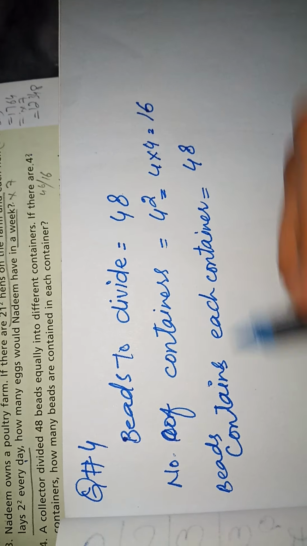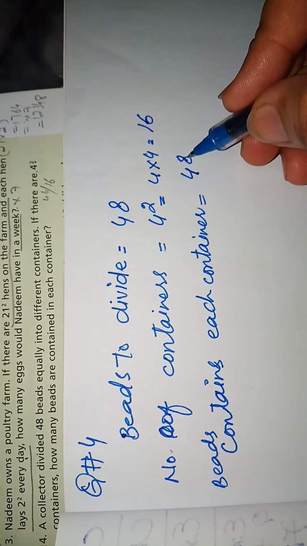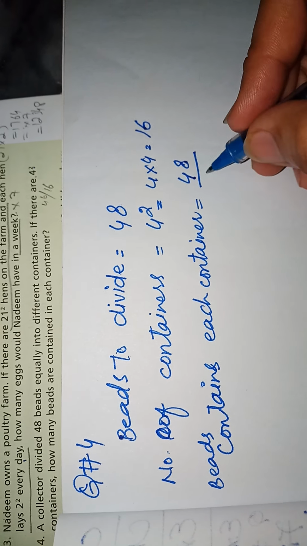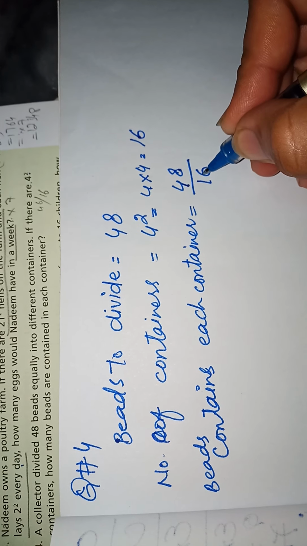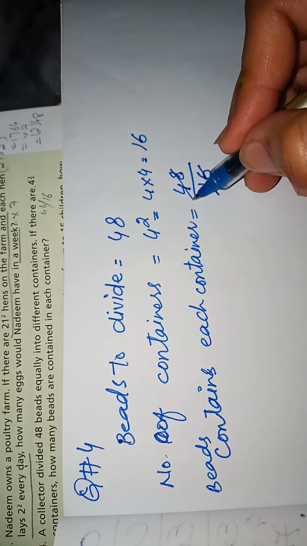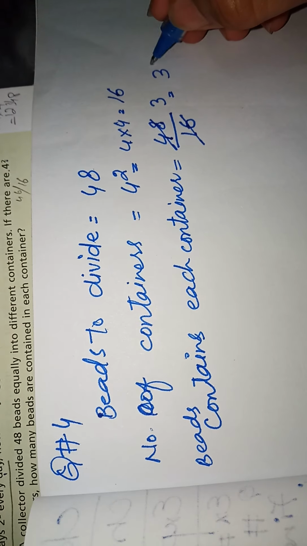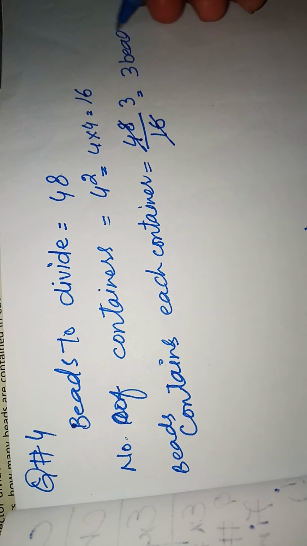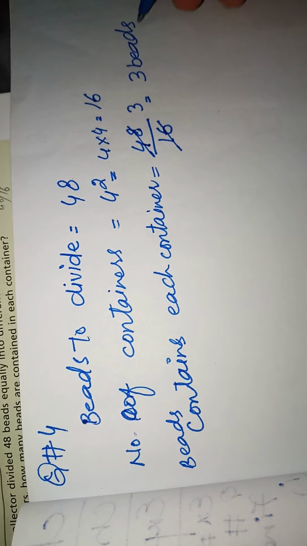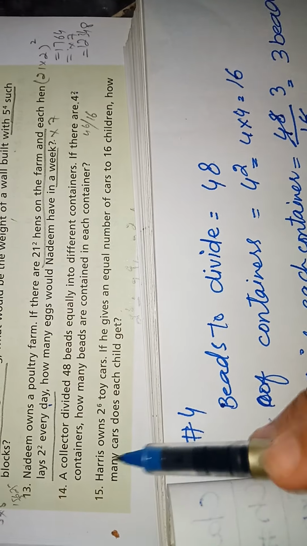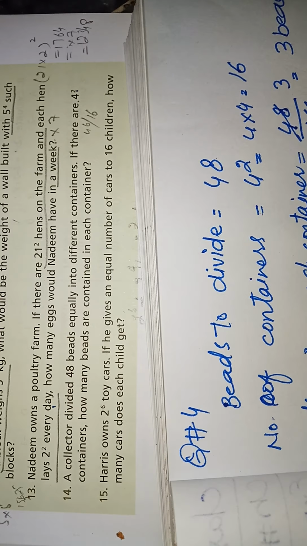There are 16 containers. So there are 48 beads and they have to be divided into 16 containers. 16 ones are 16, 16 threes are 48. So 3 beads would be dropped in each container.